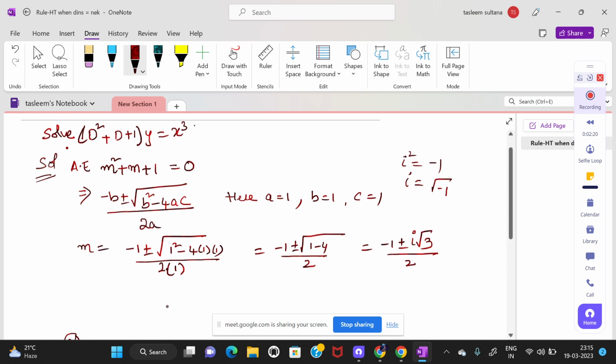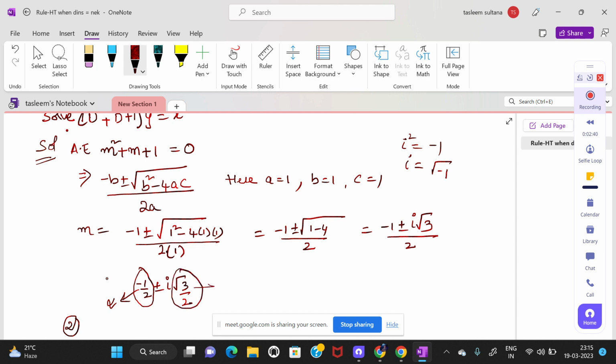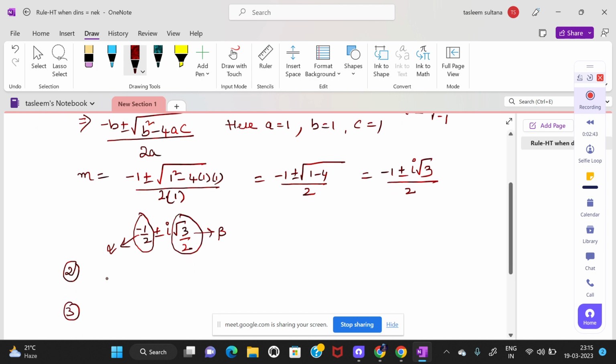See here, it is in the form of alpha plus or minus i beta. Minus 1 by 2 plus or minus i root 3 by 2, where this is the value of alpha and this is the value of beta. The roots are complex roots.